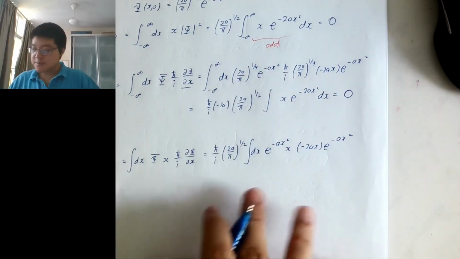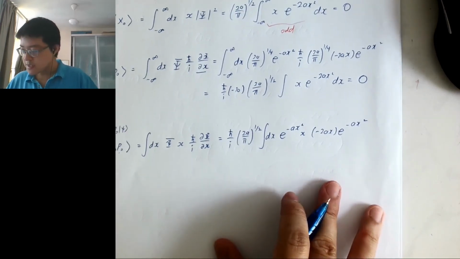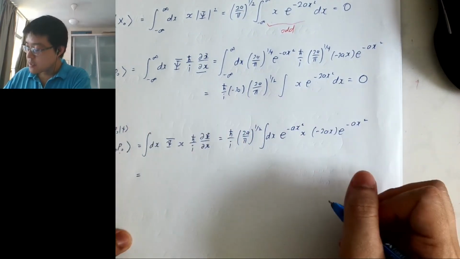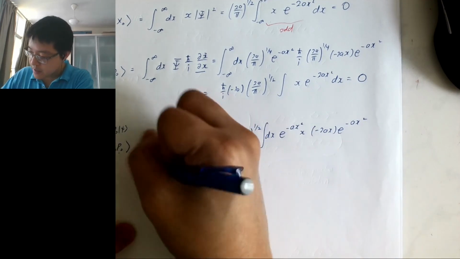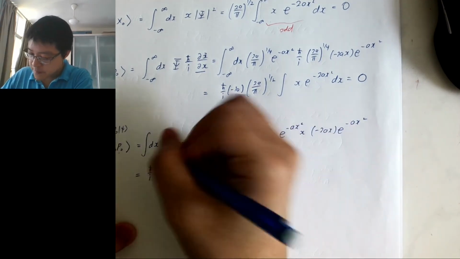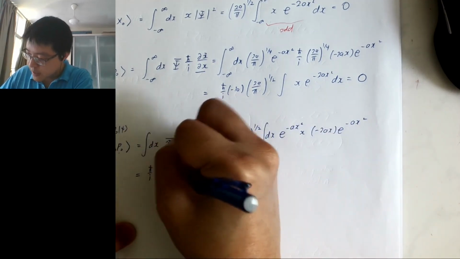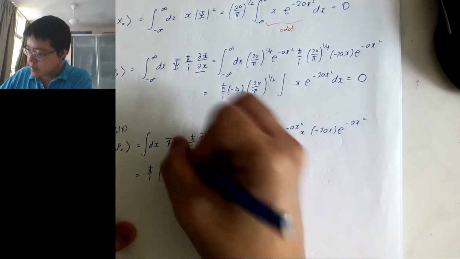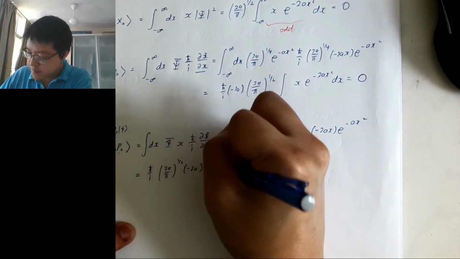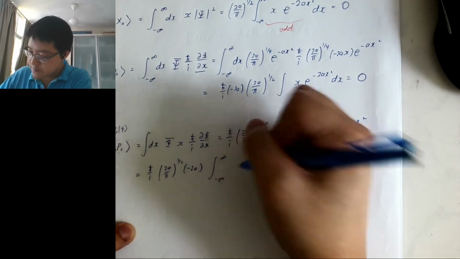So this is where we have to be careful. Let's try to simplify this. The minus 2a, I can take it out. So h bar over i, (2a over pi) to the half, and then minus 2a, integral from minus infinity to infinity.